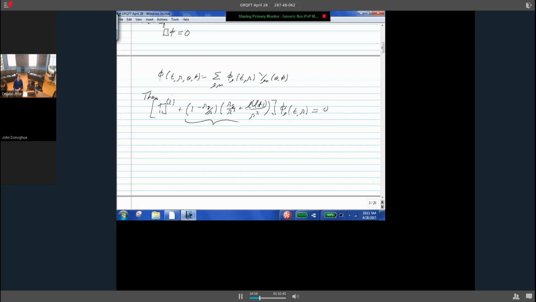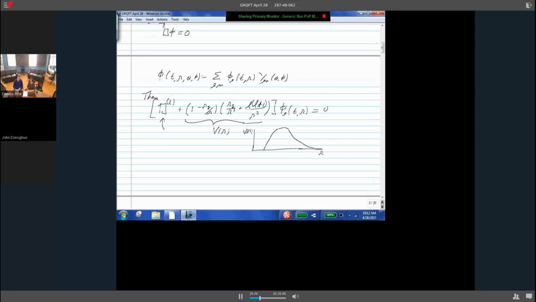And then there's a piece here which is (1 − r_g/r) times (r_g/r³ plus L(L+1)/r²) phi_L(t, r), that equals 0. And so what you see is it's basically the 2D problem, which is what I'm going to start with.